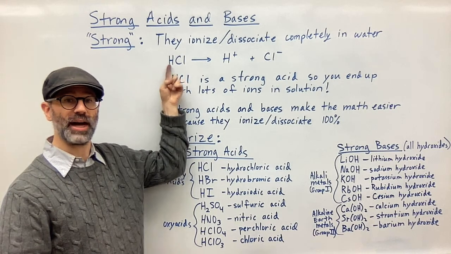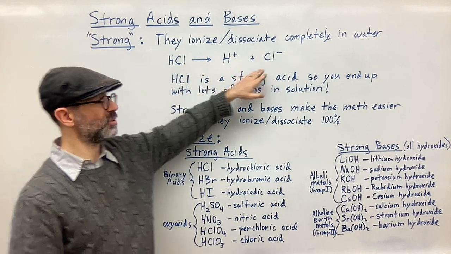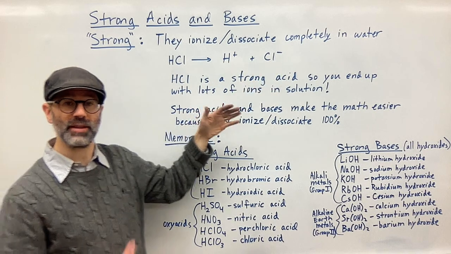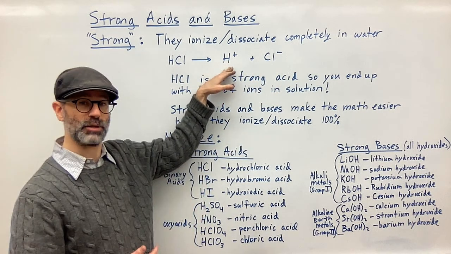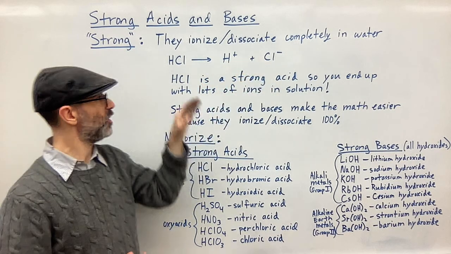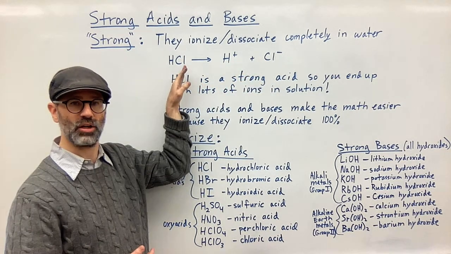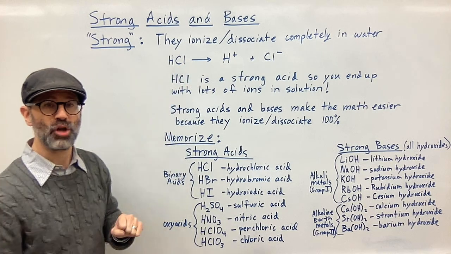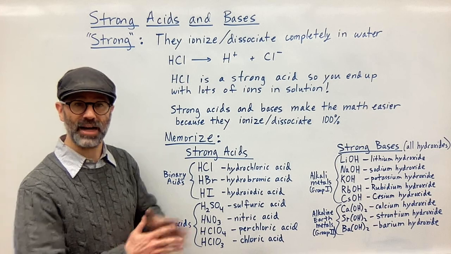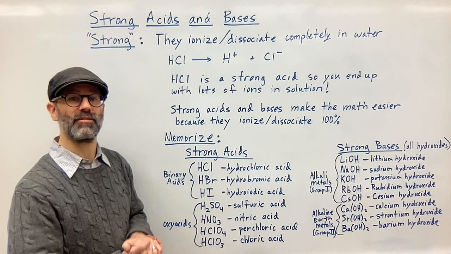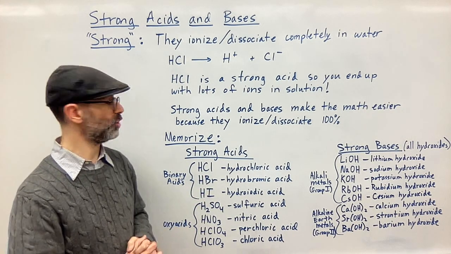All of this is going to ionize into H plus and Cl minus. So the only thing, practically speaking, you're really going to have in solution is H plus and Cl minus. You're going to have very, very little of this. So that's why we call it a strong acid, because it ionizes completely in water. So you're going to have lots of ions in the solution.